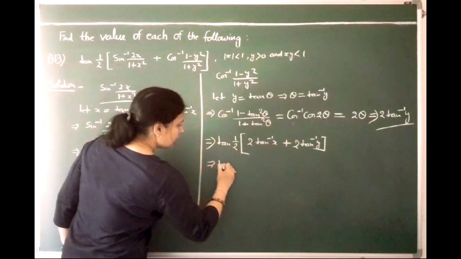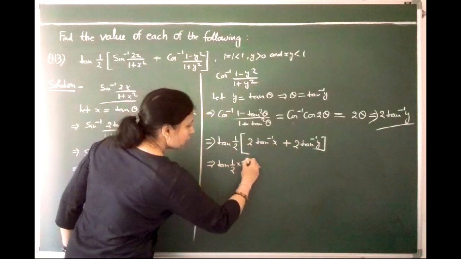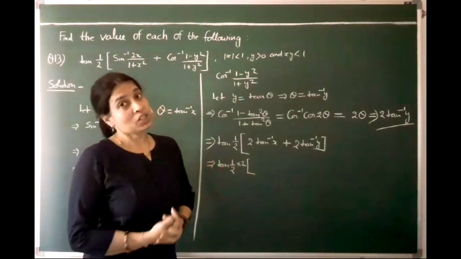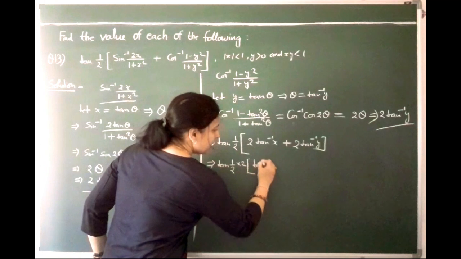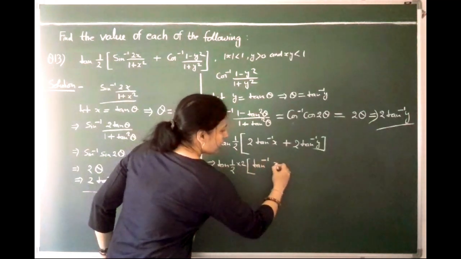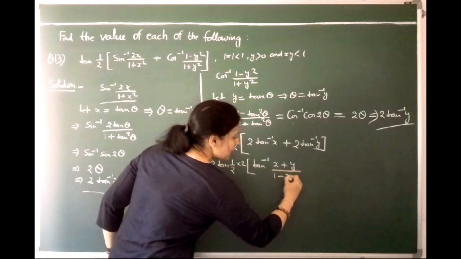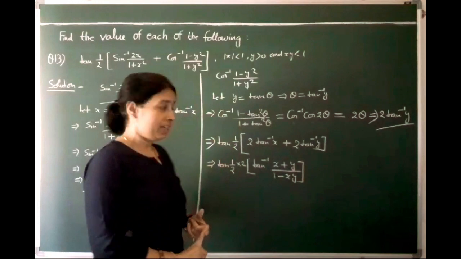So it will be tan 1 by 2 into 2 here. And here it will be tan inverse x plus tan inverse y. What is formula for that? Yes, it is tan inverse x plus y divided by 1 minus xy. It is formula for tan inverse x plus y.